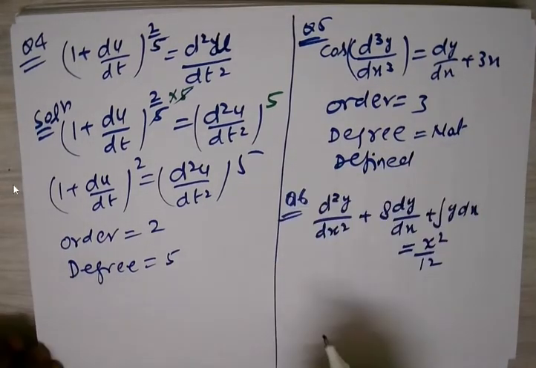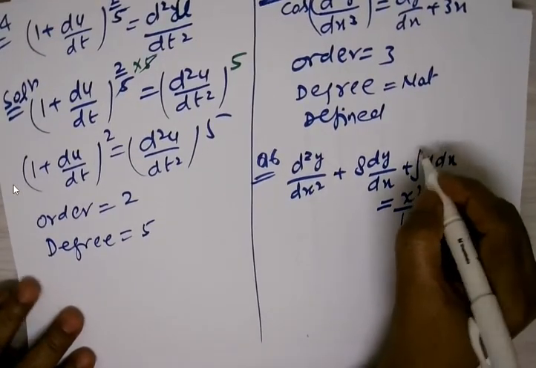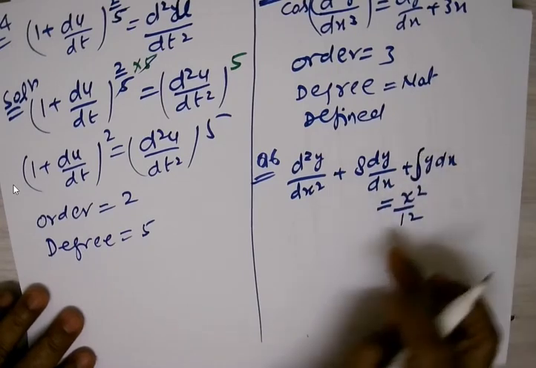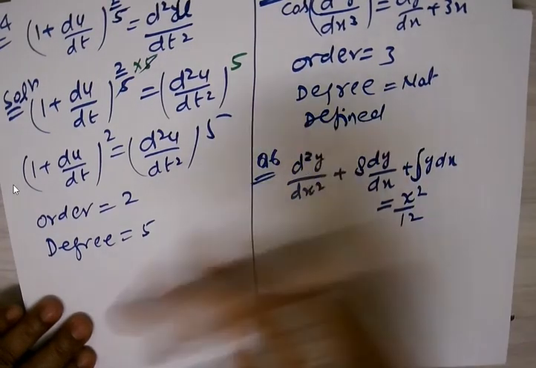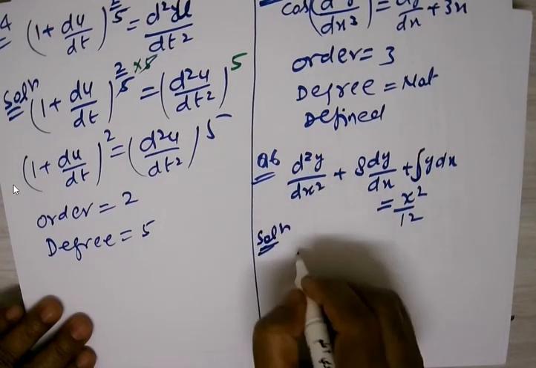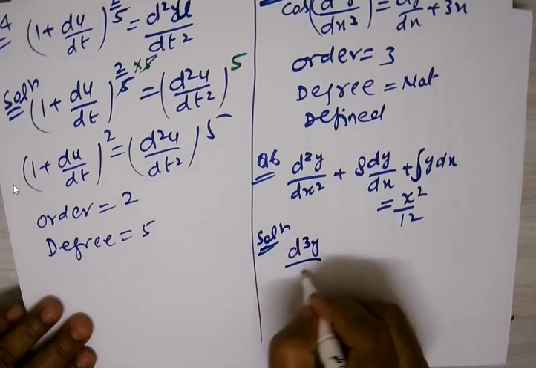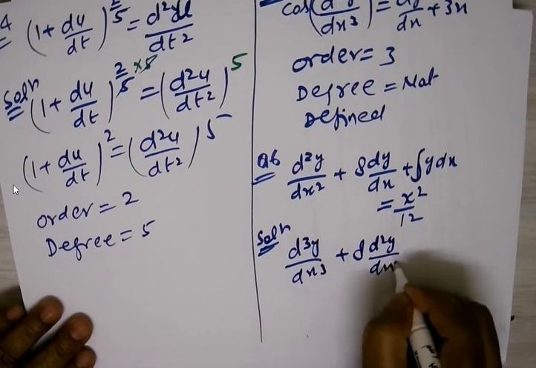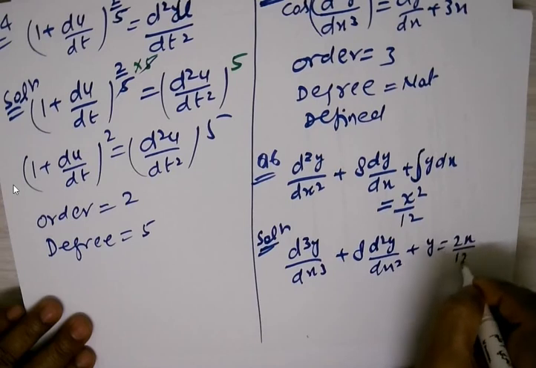Question number 6. Find the order and degree of this differential equation. As I told you in my previous example, this has an integration symbol, and integration is the reverse process of the derivative. So for the solution, you have to differentiate this with respect to x. When you differentiate, it comes d³y/dx³ plus 8 d²y/dx² plus y is equal to 2x by 12.